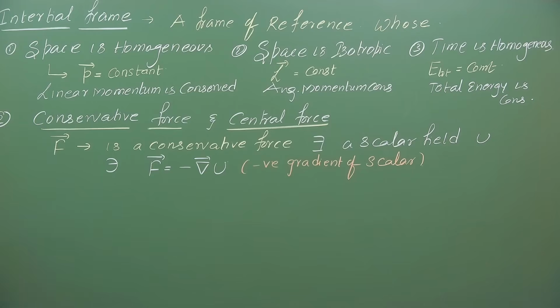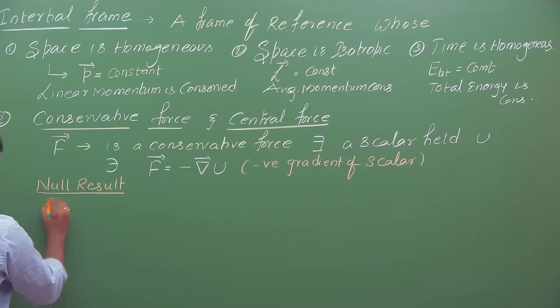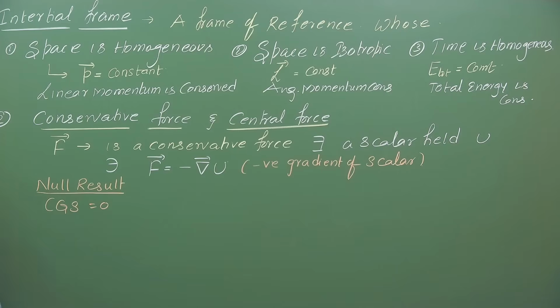Actually, there is a null result, meaning the answer is 0. What is that? CGS equals 0.